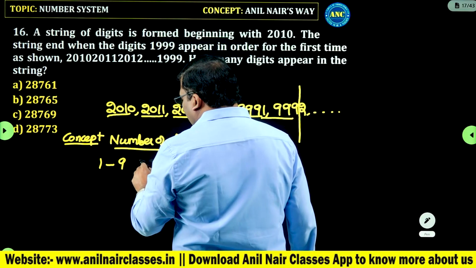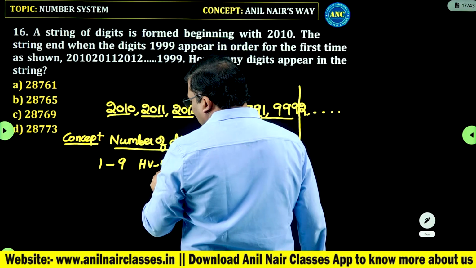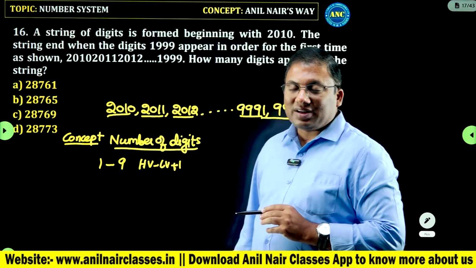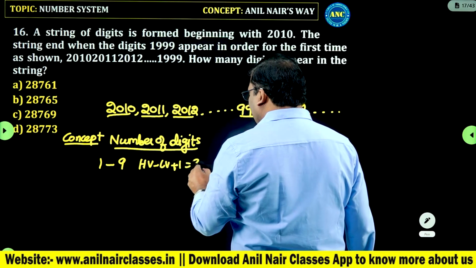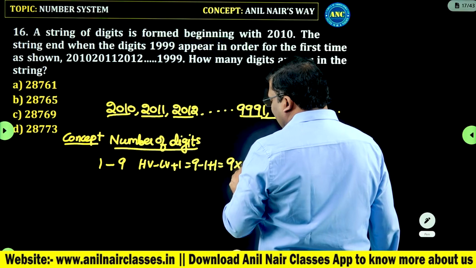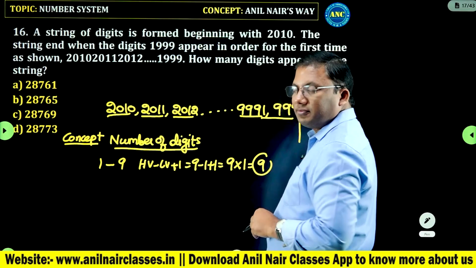Totally, how to find out? The number of numbers is the highest value minus the lowest value plus 1. From 1 to 9, how many numbers are there? 9 numbers, so 9 minus 1 plus 1. Every number is 1 digit. So totally 9 digits are written.